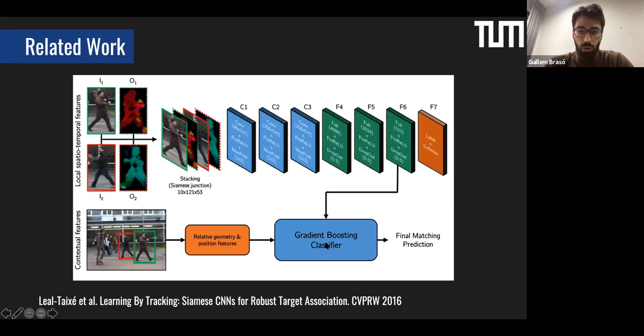Then they fed this to a gradient boosting classifier to get a final matching prediction. So essentially, this is a classification problem: for every pair of detections, do they belong together or not? And then they just input this cost to a linear programming solver and got the results, which at that time were state of the art by a significant margin.